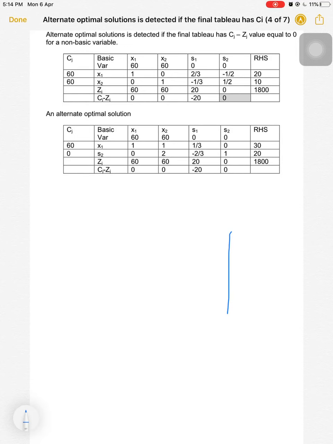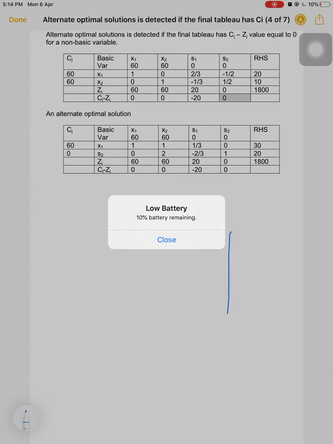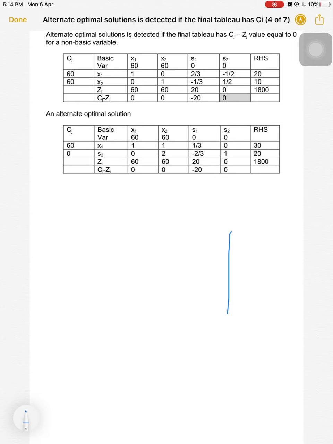For the simplex method, an alternate optimal solution is detected if the final tableau, so the keyword here is final tableau, has a Cj minus Zj value equal to 0 for a non-basic variable. The basic variables are x1 and x2, so s1 and s2 are non-basic variables.